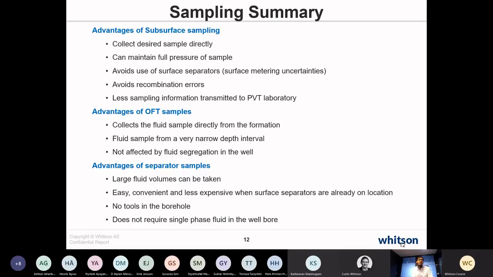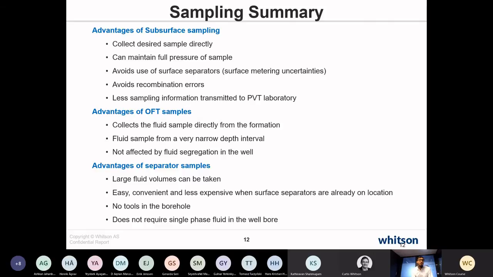first stage separator. For example, you take a sample from the gas phase and the oil phase of the first stage separator, and you need to know the producing GOR at that first stage separator, meaning the volume of gas being produced and the volume of oil flowing through the first stage separator.